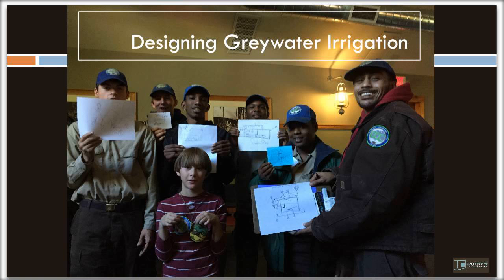So moving into just how you would want to make the decisions on how to irrigate these plants. And this is a picture of my son with the Emergency Drought Response Program crew that was up working at Evergreen Lodge. And here they had come up with their own branch chain designs for their own houses.